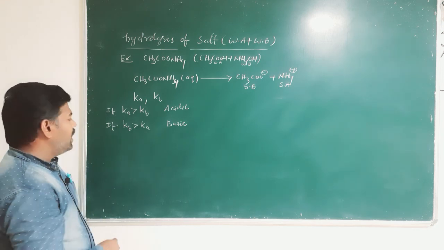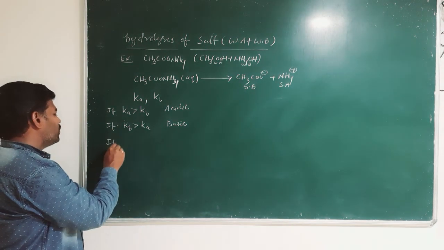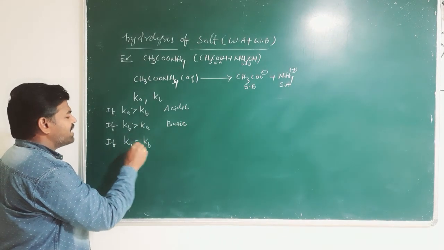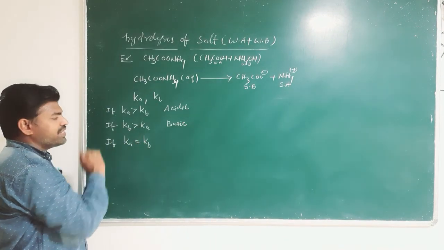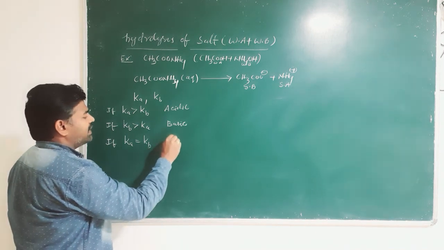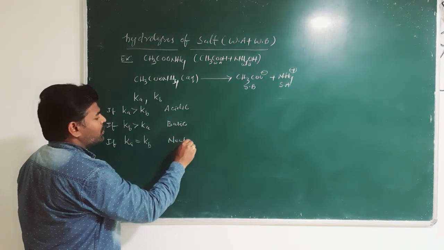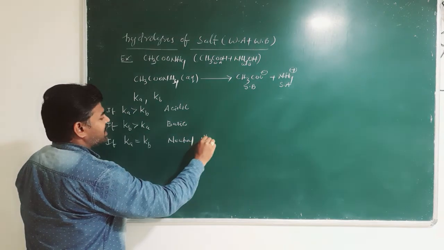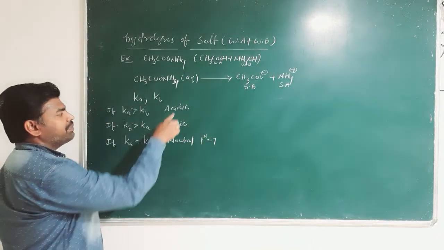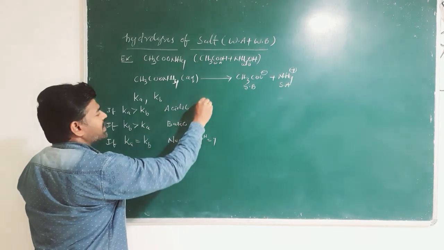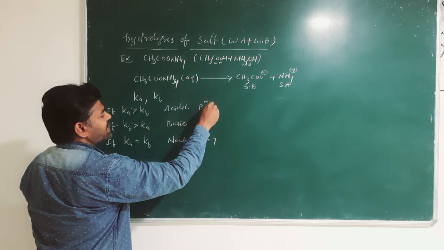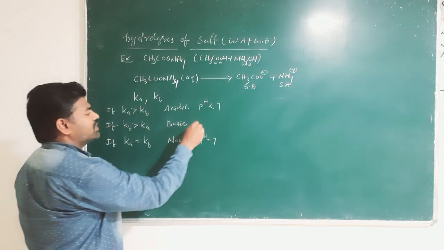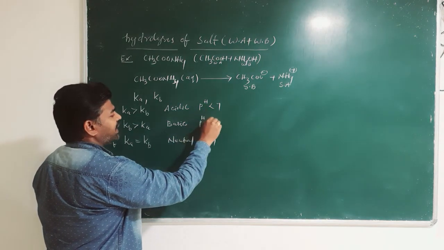If Ka is equal to Kb, the resulting solution is neutral, that is pH is 7. If the solution is acidic, pH is less than 7, and if the solution is basic, pH is greater than 7.